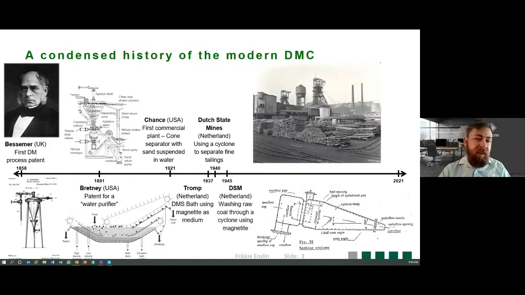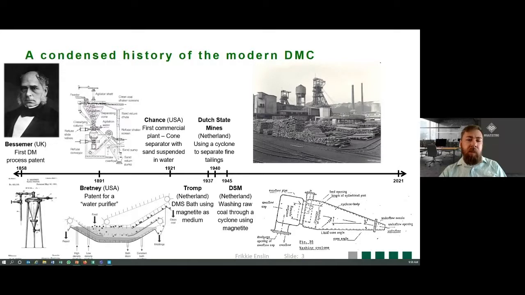And then since the mid-1940s, guys all over the globe have been using dense medium cyclones. So there in your bottom right is the original picture as depicted in the Dutch State Mines Bible, which we refer to commonly.